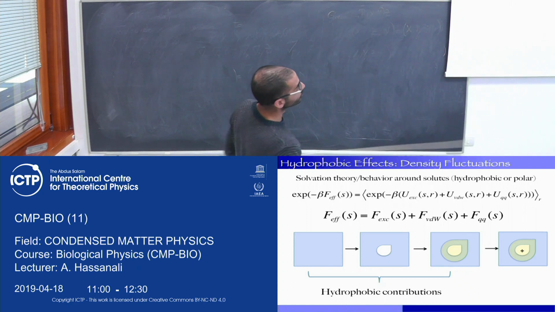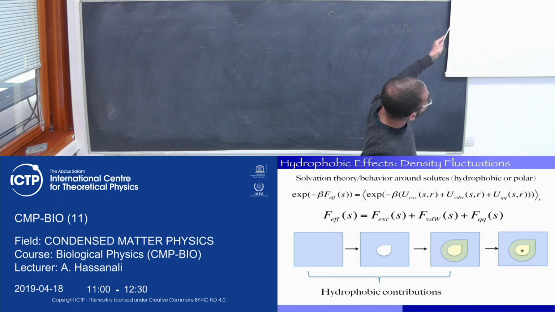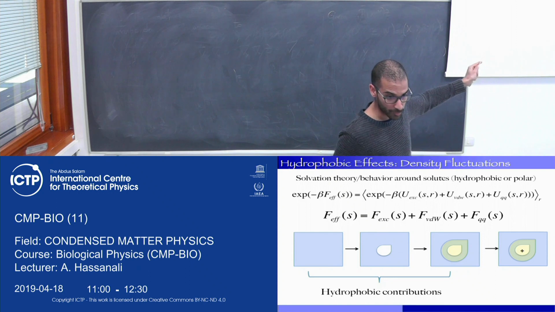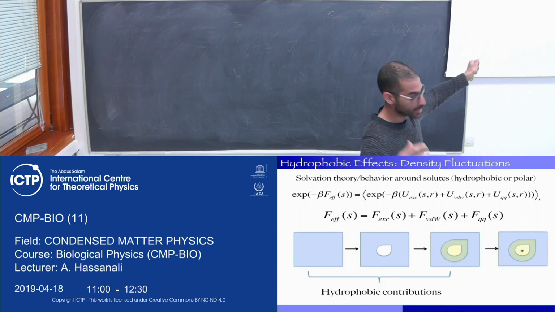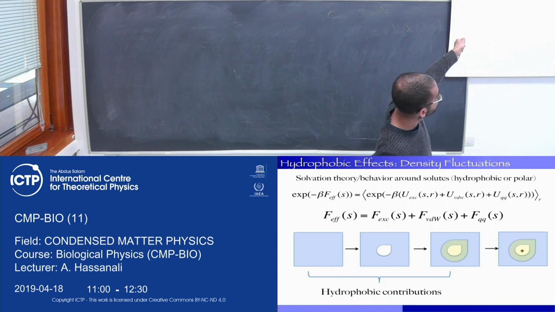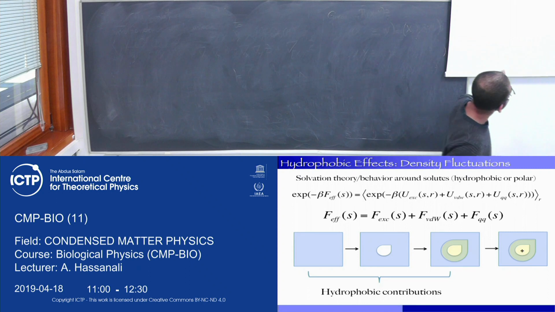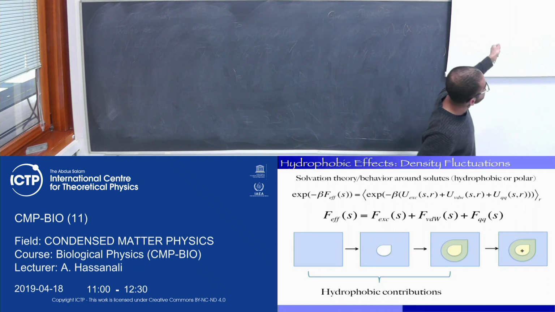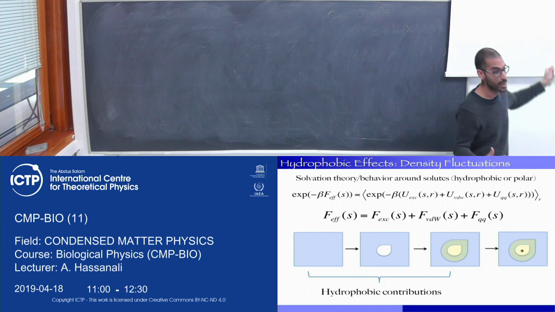Okay? And so, more formally, e to the minus beta of the free energy of putting in a solute, where S is some general coordinate that defines the solute in a liquid, is basically a Boltzmann average that includes e to the minus beta, the energy associated with creating excluded volume, turning on van der Waals interactions, and then turning on electrostatics.